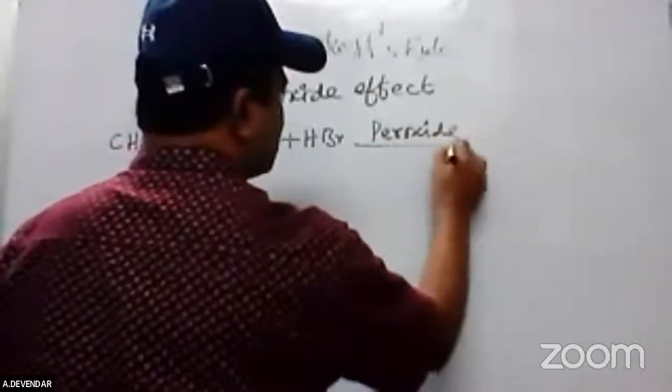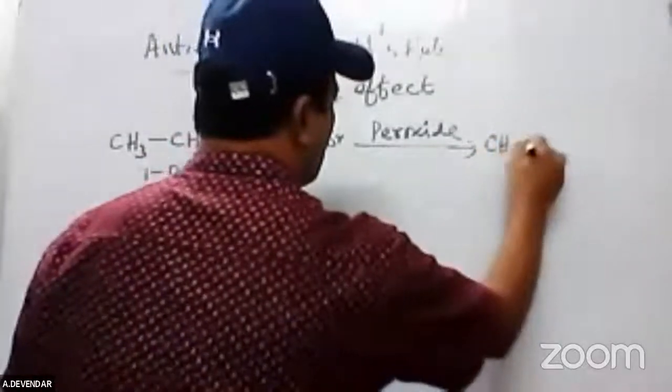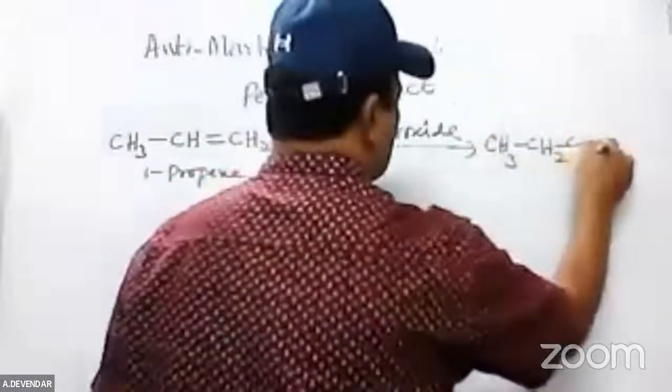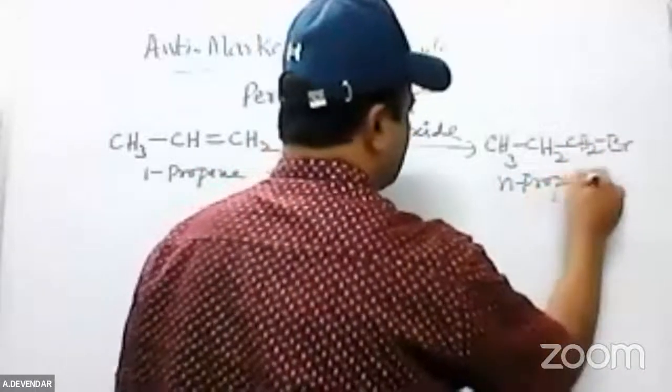In the presence of peroxide, you get only one compound, 100%, CH2Br, that is N-propyl bromide.